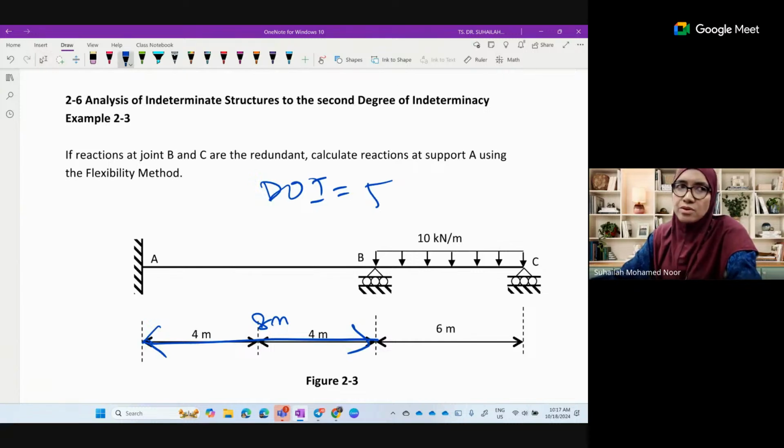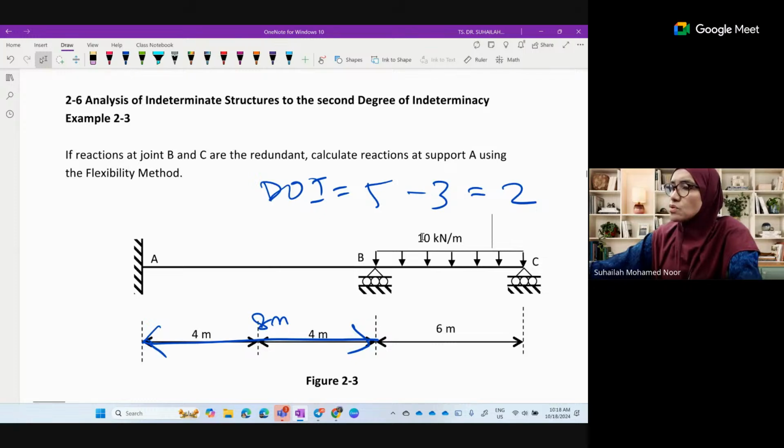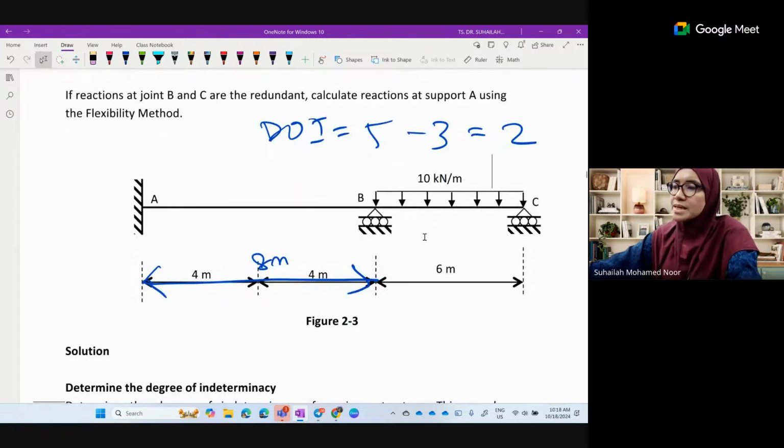Only 3 can be solved using equilibrium equations, so there are 2 redundant in the system. These two redundant forces will be determined by solving the compatibility equation.